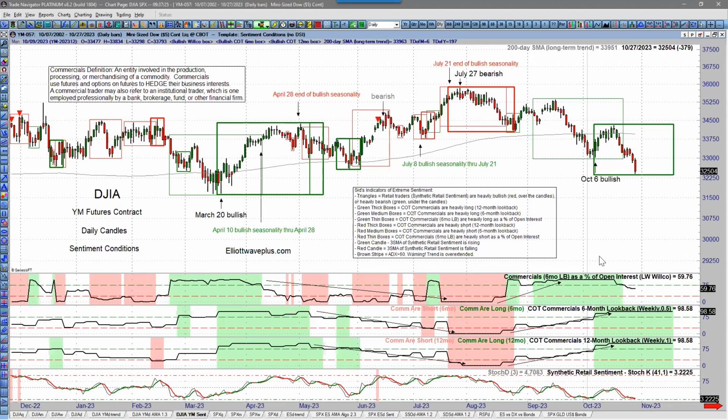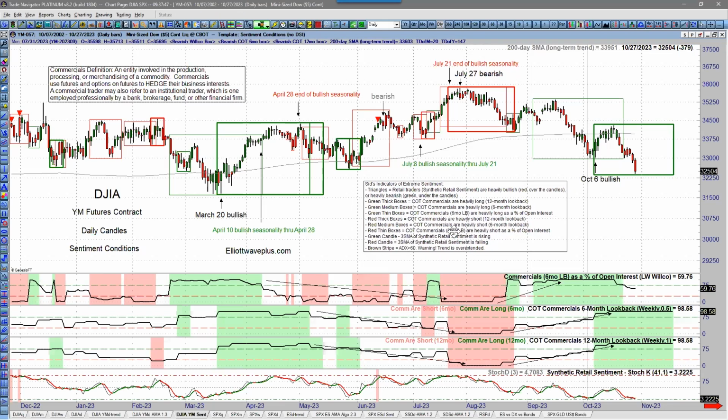In other words, the Dow Jones Industrial Average. You can see retail way down, oversold, commercials heavily long. So the Dow Jones Industrial Average, I think, is at a critical juncture where it could get a snapback sort of rally on through year end.